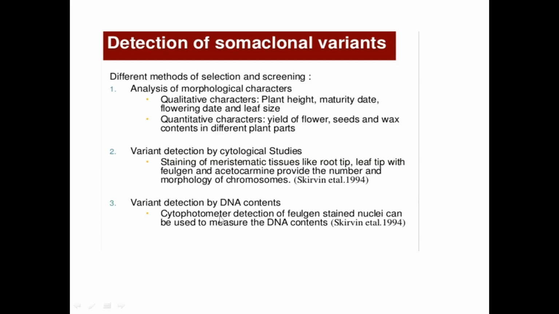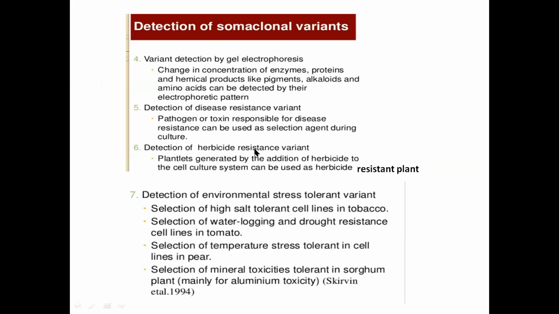For variant detection, you have to make use of a cytophotometer, by which the nucleus can be stained to measure the amount of DNA. So by looking at the difference in the amount of DNA, you can detect the somaclonal variations. Otherwise, you can use gel electrophoresis to see the differences in the amount of protein.